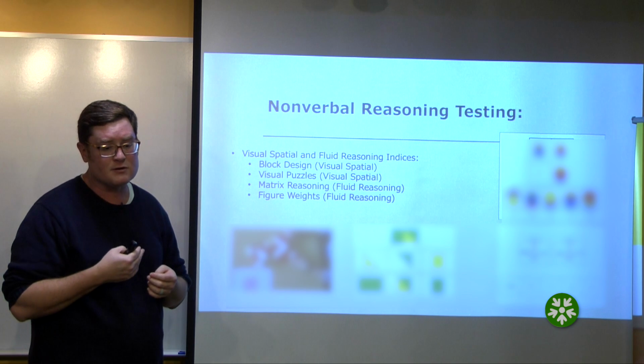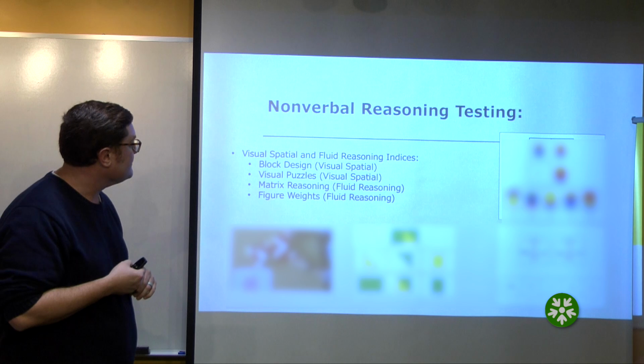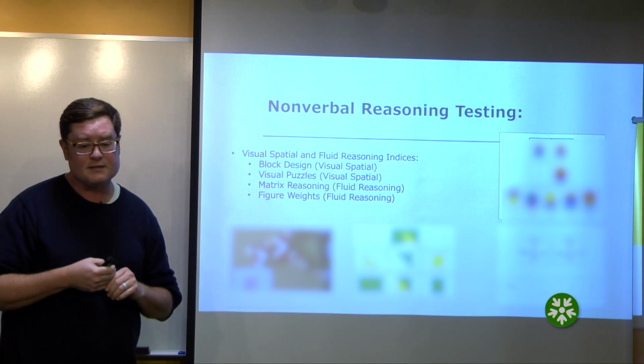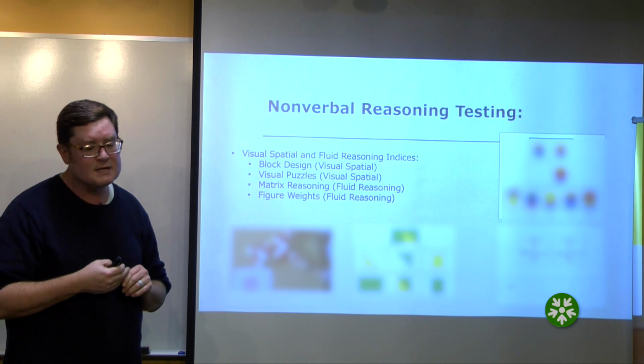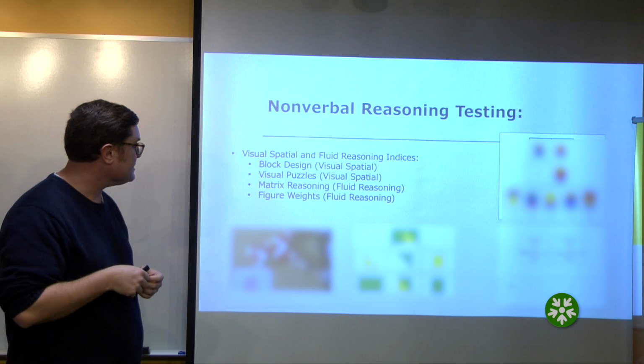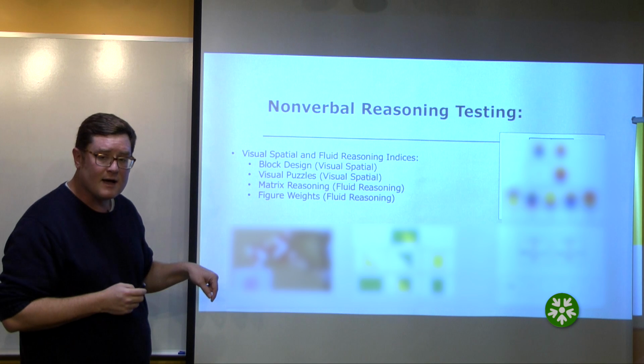Some of it involves constructing geometric designs from a model. The visual spatial area measures visual spatial reasoning, integration, synthesis of part-whole relationships, attentiveness to detail, and use of hand-eye coordination. So this first one would be a block design subtest.